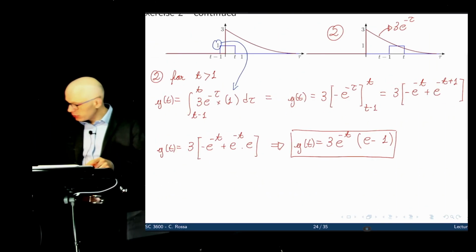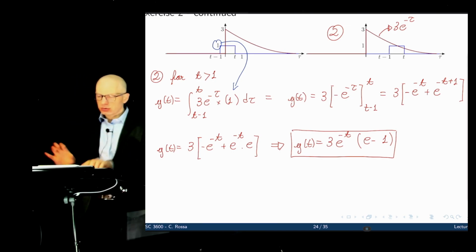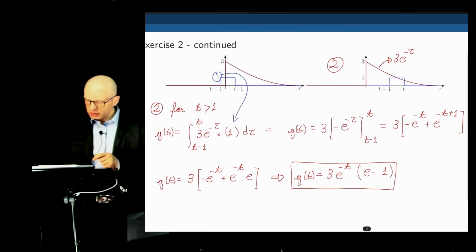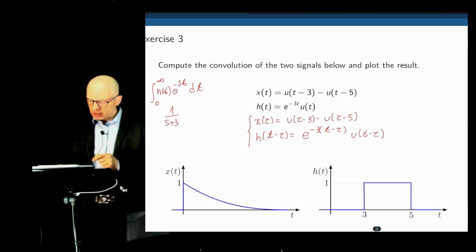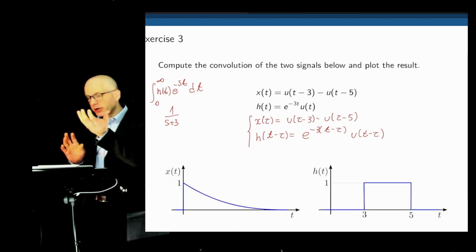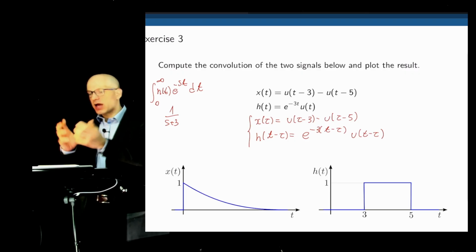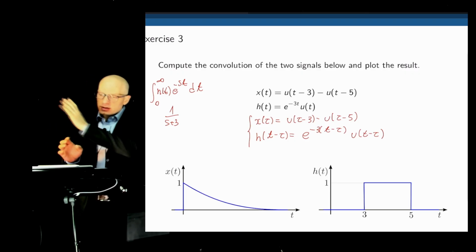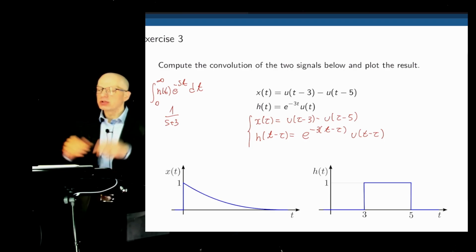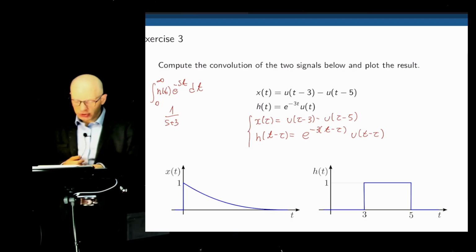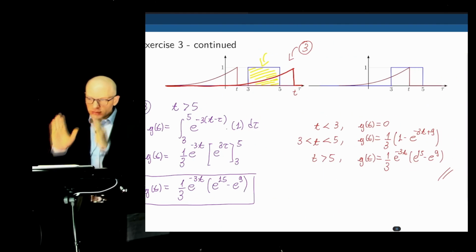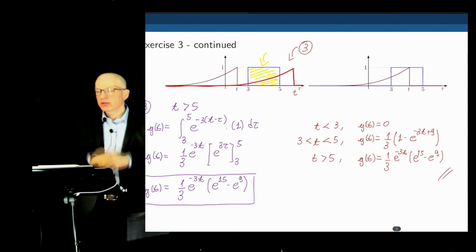The way we proceeded in lecture 2 was the graphical approach, which required taking one of the signals, flipping it over the tau axis, adding a time delay t, and then shifting the time delay, looking for overlaps, doing the integration, and then coming up with one expression that is a discontinuous function because it's defined in different regions of the time axis.